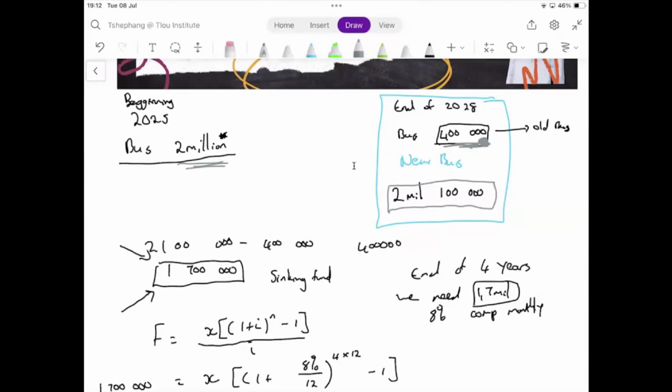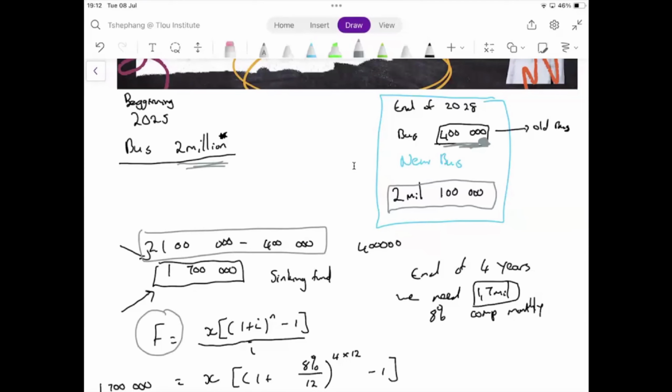But we already have 400,000. That is why we said 2,100,000 minus the 400,000. It means what we actually need is 1,700,000 because we had the 400,000. Now, we know that we're going to save that money, that 1,700,000.